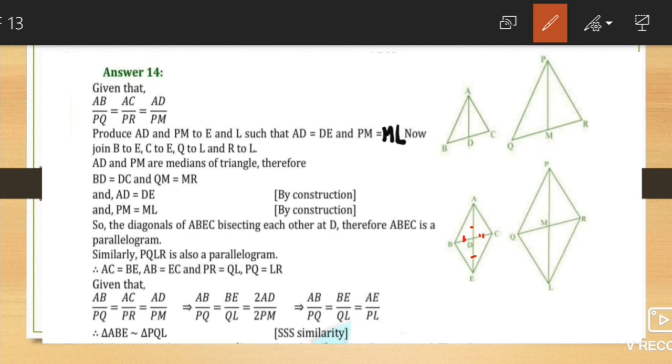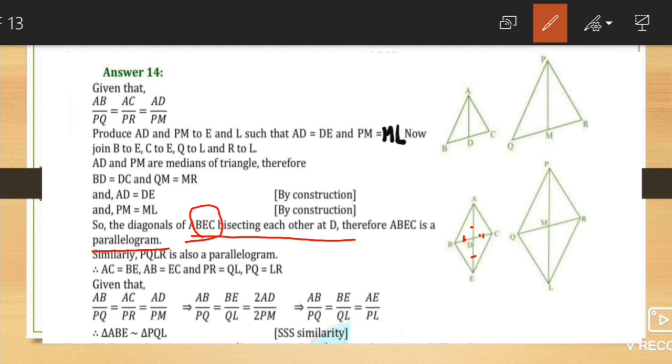That means if you consider ABEC as a quadrilateral, then the diagonals of this quadrilateral bisect each other. When the diagonals of a quadrilateral bisect each other, that quadrilateral becomes a parallelogram. That's why you can say that ABEC is a parallelogram.